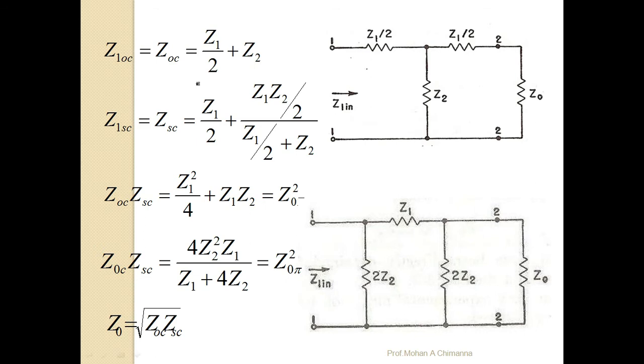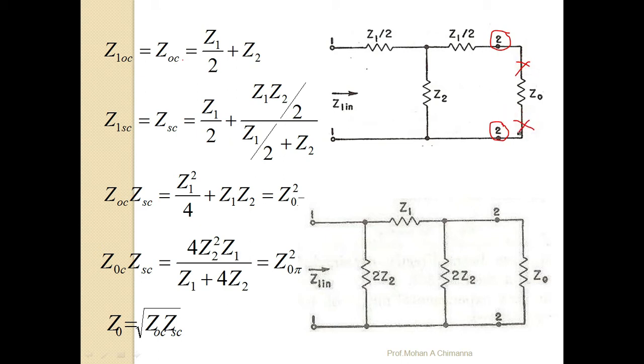So here Z1 is open circuited for the T network, so that is Zoc, open circuited. If it is open circuited, at 2 and 2 dash, two conditions will arise. The first condition is that 2 dash or 2 is open circuited, which means you cannot apply the Z0.